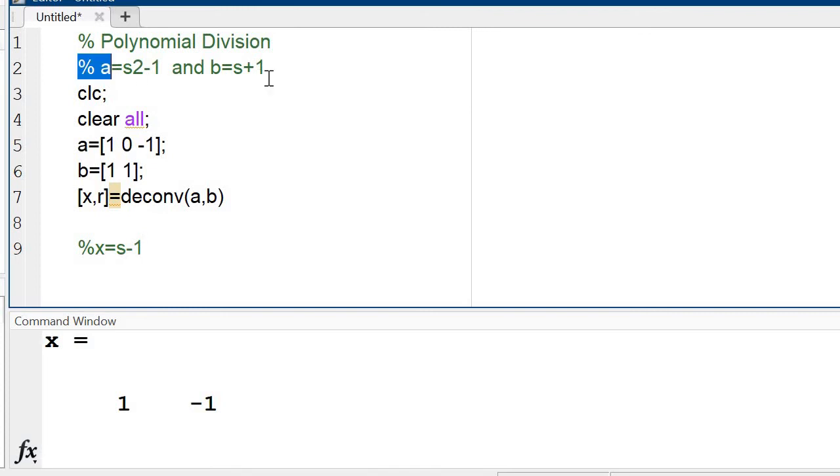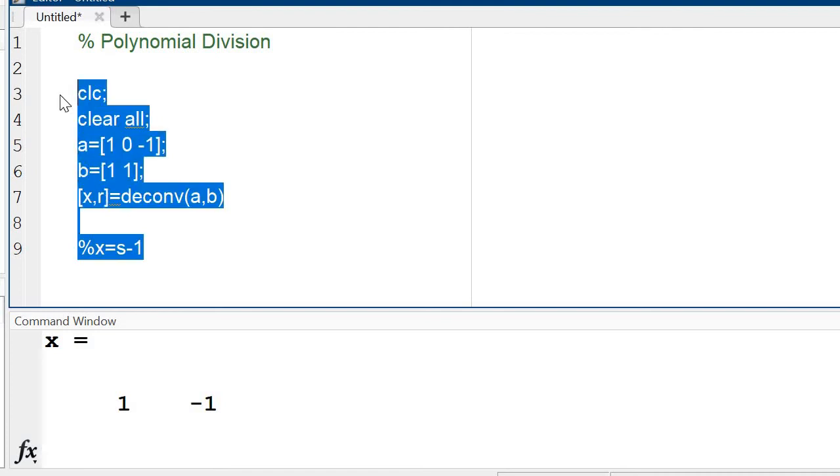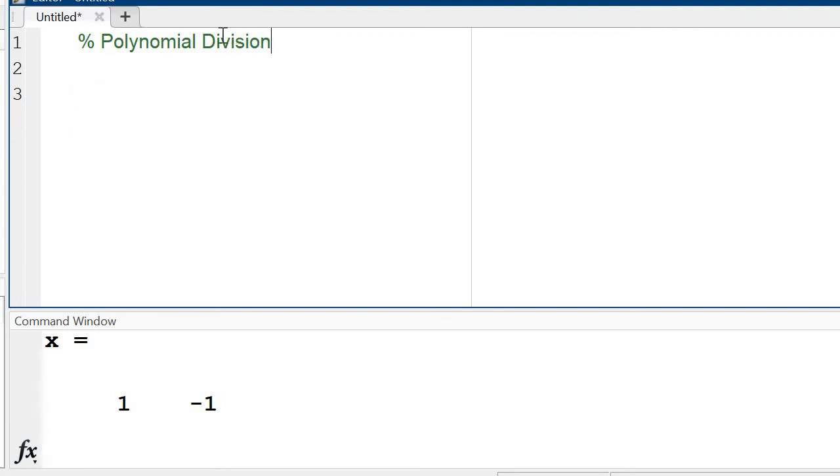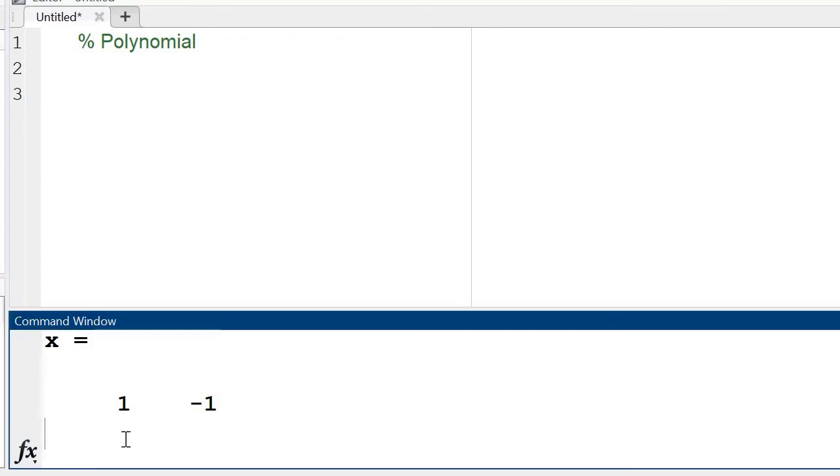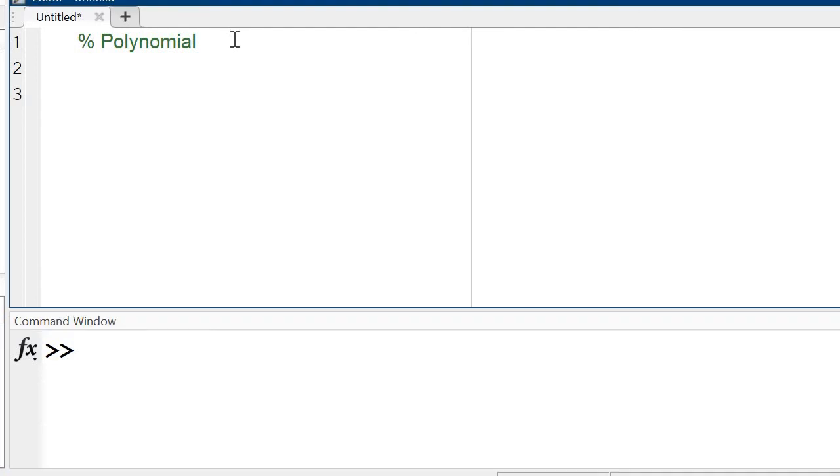Now after that, how to find the roots? In the last video, I also explained how to find the roots. Let me take a is equal to s square plus 3s plus 2.